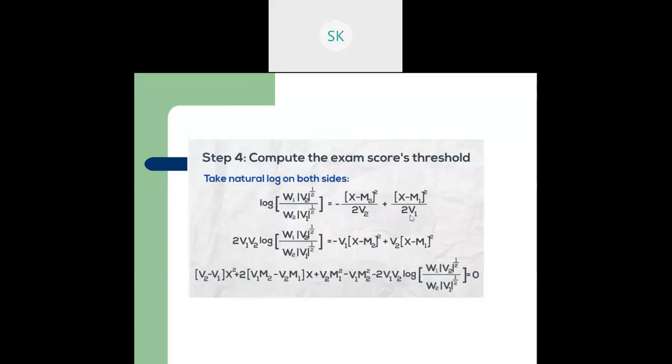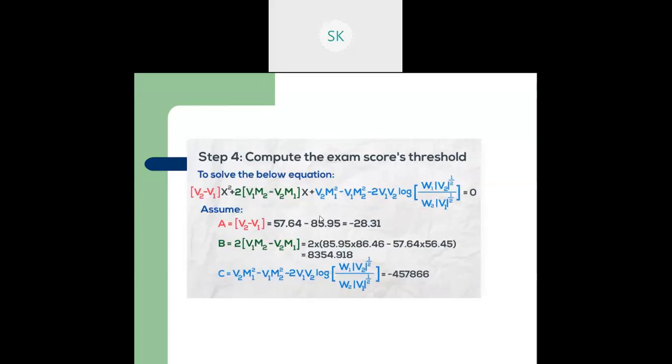This 2v2 and 2v1 will come on the left-hand side of the equation, so this becomes 2 of v1 v2 log of this particular term, equal to this v1 and v2 times x minus m2, x minus m1. Further simplification is done. Take both the values on the left-hand side and set that equal to 0. So this is just the normalization of solving the equation in the equal-to-0 form.